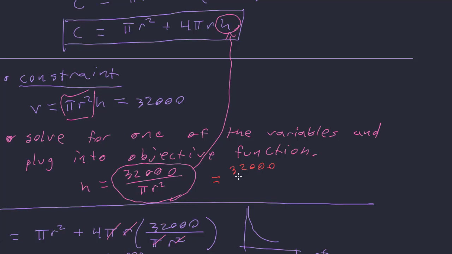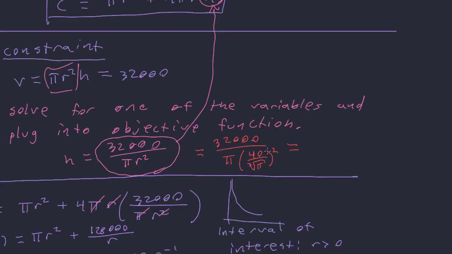We'll get 32,000 over pi, then r squared. And our r was 40 over the cubed root of pi squared. And actually, this 40 over the cubed root of pi isn't all that helpful, so I'm going to say that r is about, again, let me rewrite this, cubed root of 40 over the cubed root of pi, which turns out to be about 27.3, and we're in feet here.